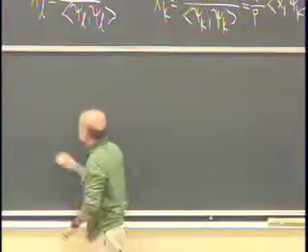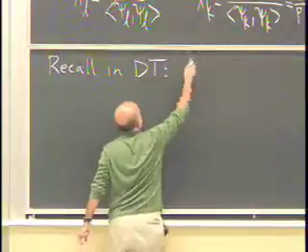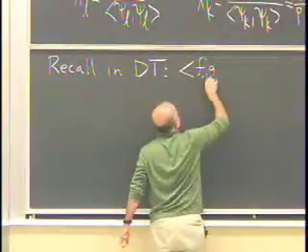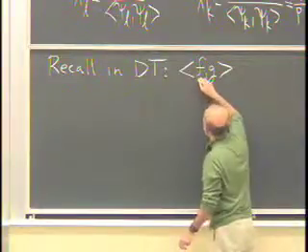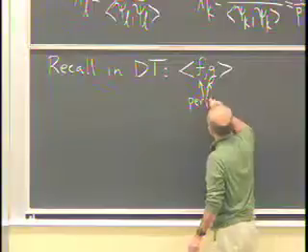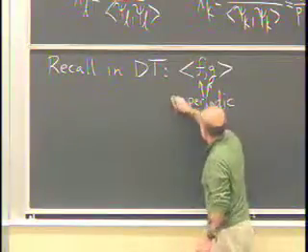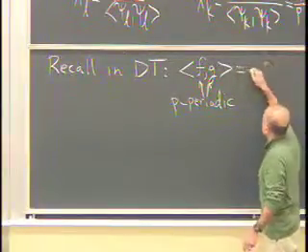Well, let's go back to what we did in discrete time. If I had two periodic functions, f and g, with period P, so they're P-periodic, how did we define the inner product?